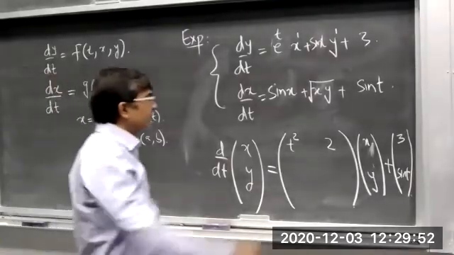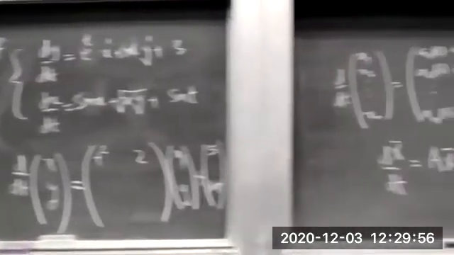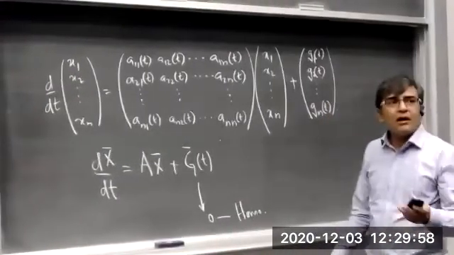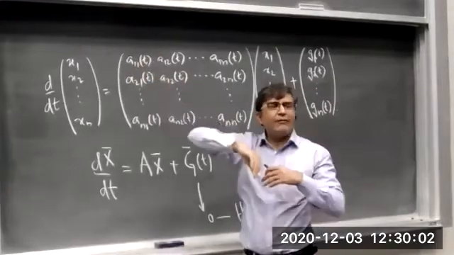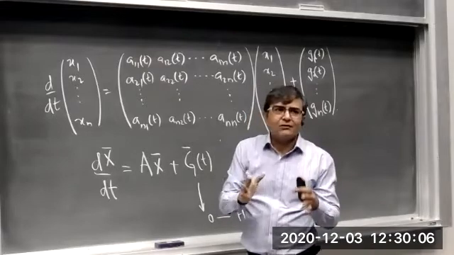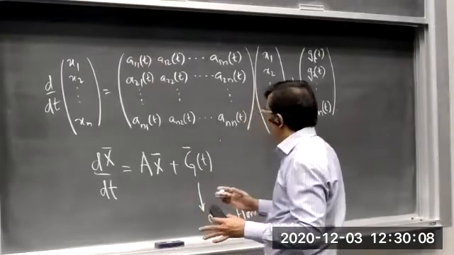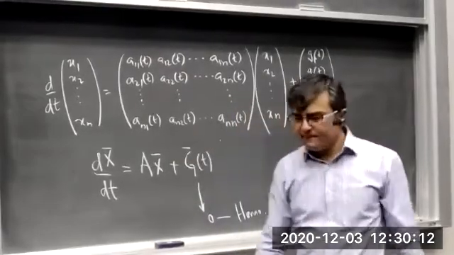As we have written in the system, a11 of t is any function of t, but it should be a defined continuous function. So this is your system of first order ODEs.